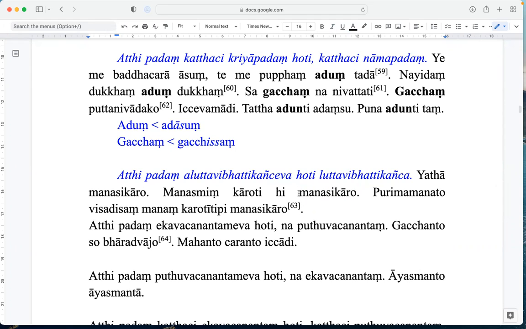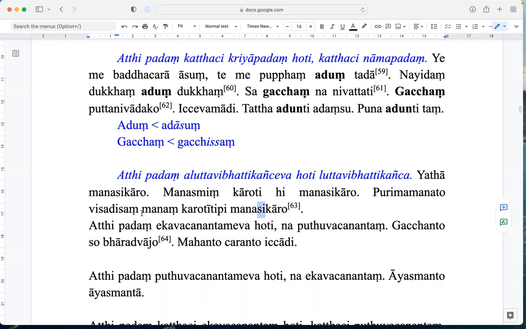In that manasikaro, manasi is actually manas in the locative case. So that is why in this manasikaro the locative case is not elided. The first manasikaro is the example for Aloda Vivadika. In the second one, even though the form is the same, manasikaro, this i or e is not the locative.